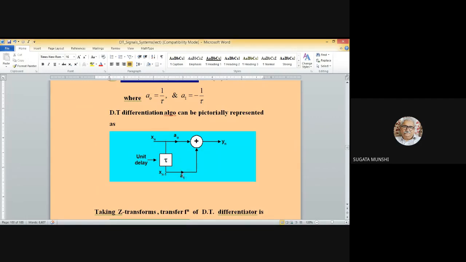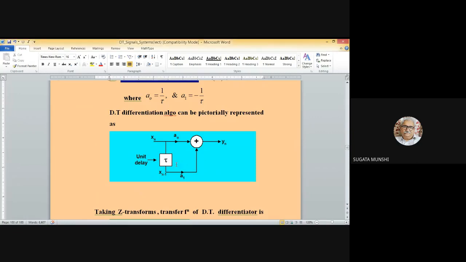And these two products are added to generate the output at the current instant. All right. So that is the depiction of the algorithm.